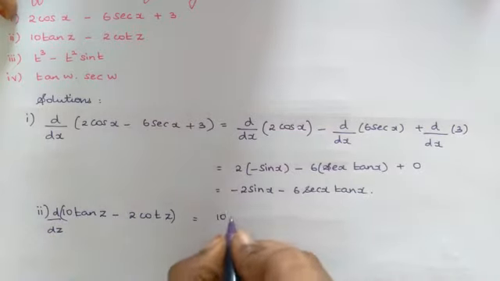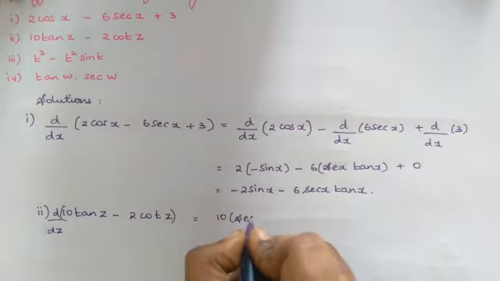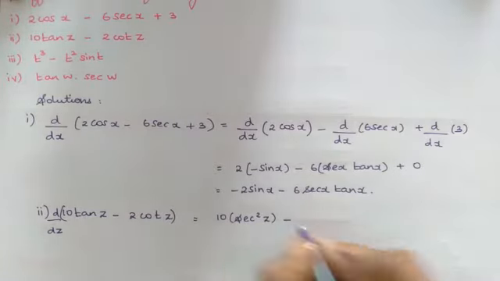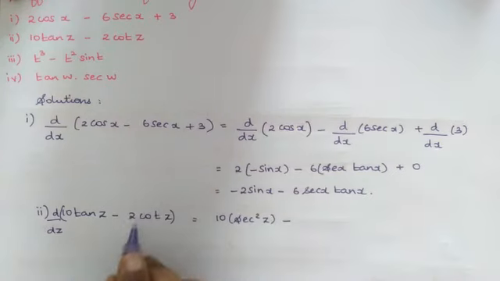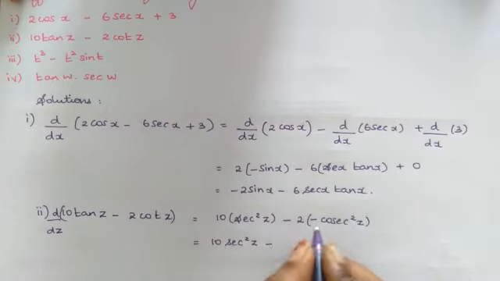The differentiation of tan z is secant square z. Minus, this coefficient, keep it as it is. Now differentiate cot z. When we differentiate cot z, it is minus cosecant square z. So this is 10 secant square z, minus into minus, plus 2 cosecant square z. That's it. Simple.